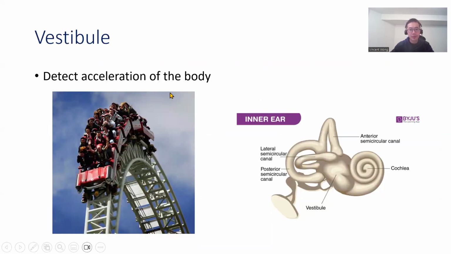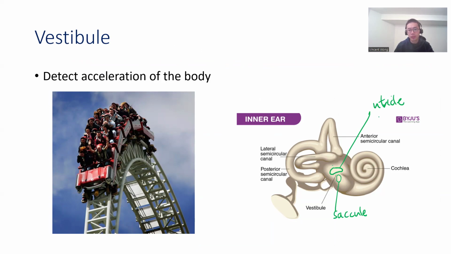Vestibule detects acceleration of the body. Okay. There are 2 parts to it, right? We already labeled it. There's the utricle, which you can't really see in here, but the utricle is the one that's right here, that's higher up. And then there is the saccule. Okay.